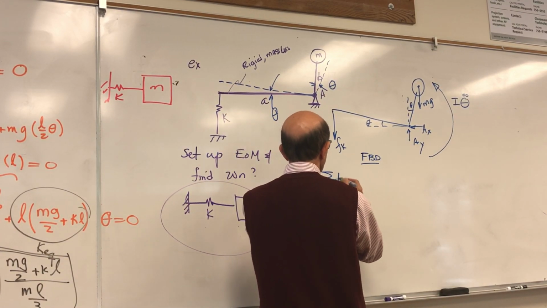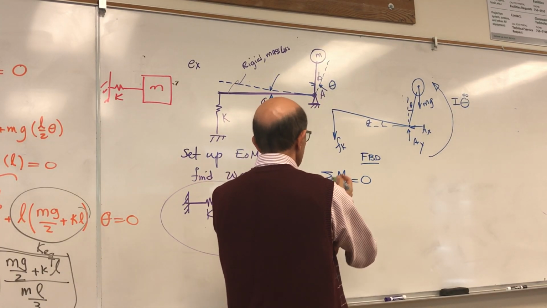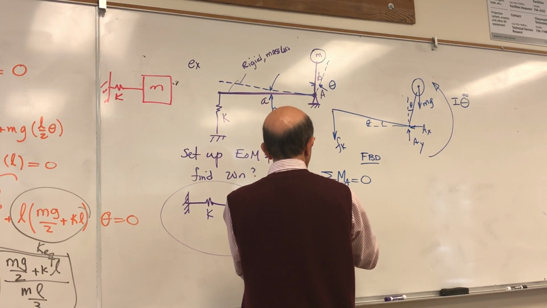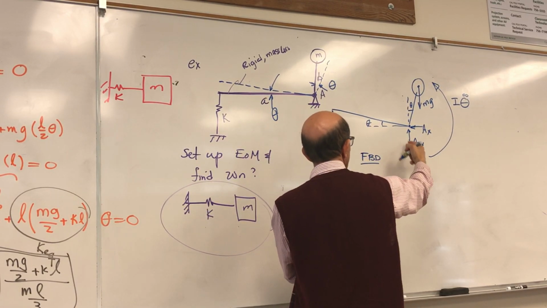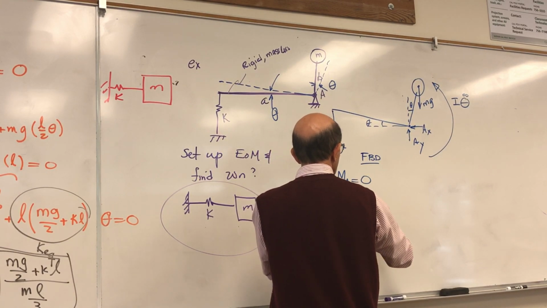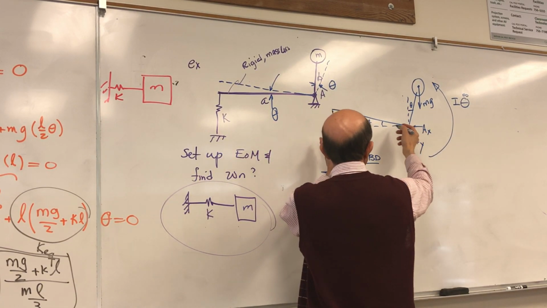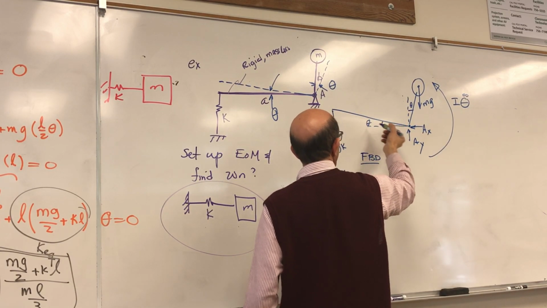So with that as a free body diagram, let's apply the equations of equilibrium, which is summation of moments at A is equal to 0. So I will have I theta double dot plus the moment of this force about A, which is in the same direction, f of k times, this is A, so this distance would be A cosine theta.